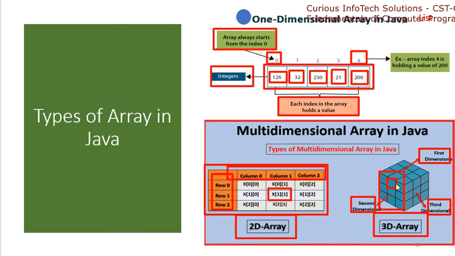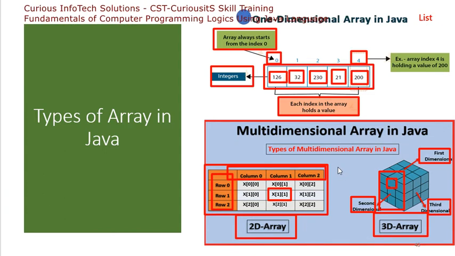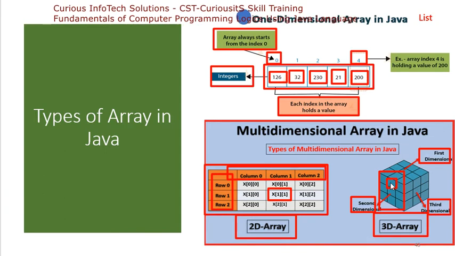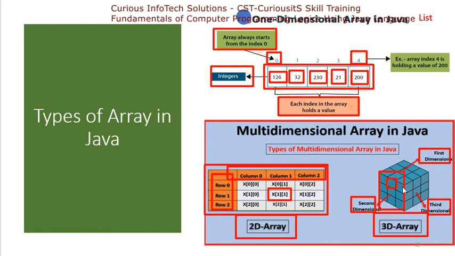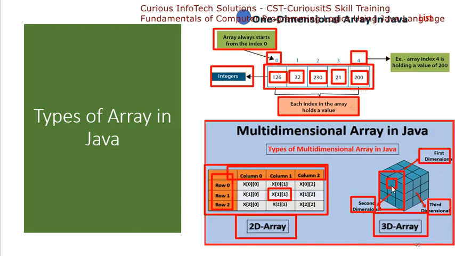So here the first frame is frame 0, and this location is nothing but 0 1 because it is in row 1 and in the second column.